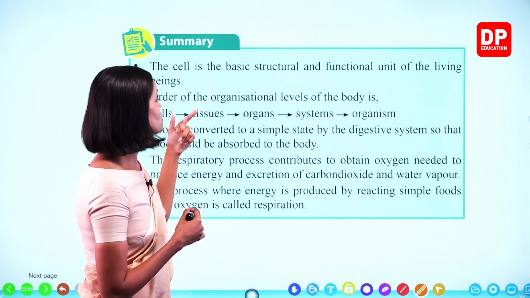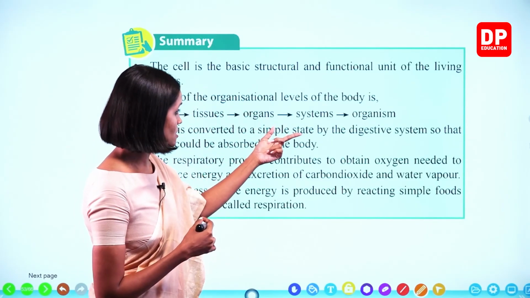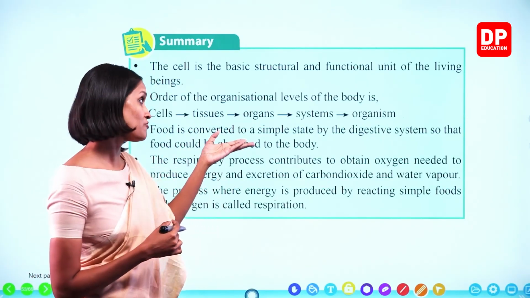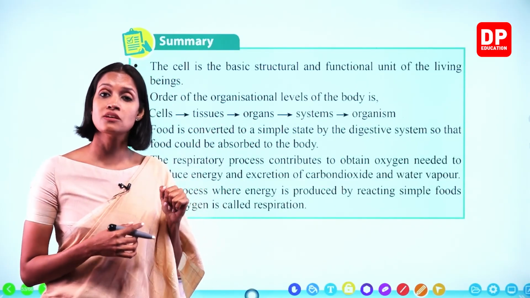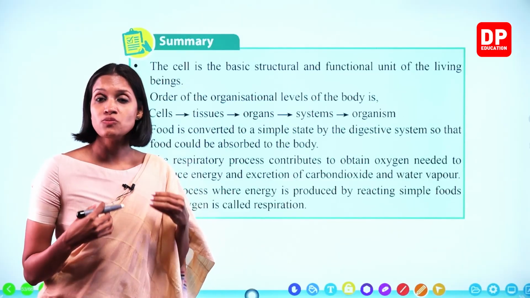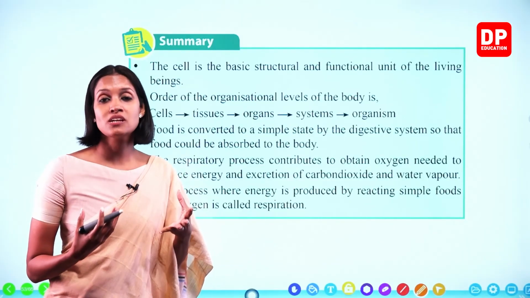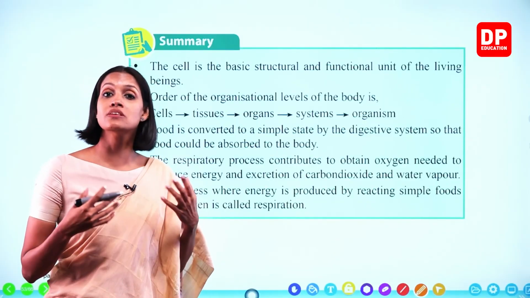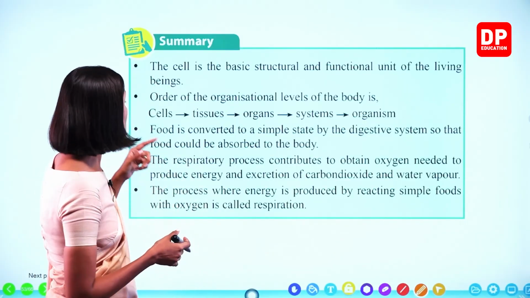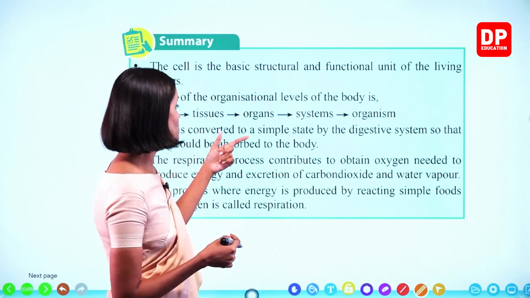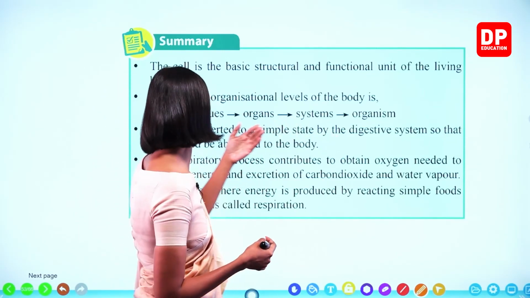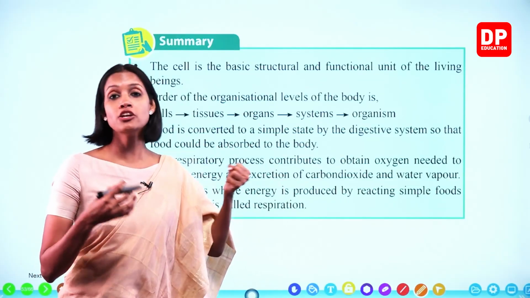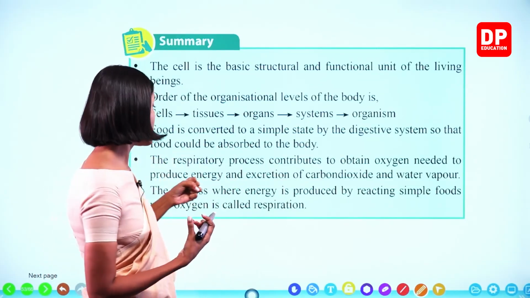Food is converted to a simple state by the digestive system so that food could be absorbed to the body. This is the purpose of having a digestive system, because otherwise we cannot absorb the nutrients present in the food as it is, because they are larger molecules. They have to be simplified, okay? The respiratory process contributes to obtain oxygen needed to produce energy. To produce energy, simple food and oxygen must be there, right?